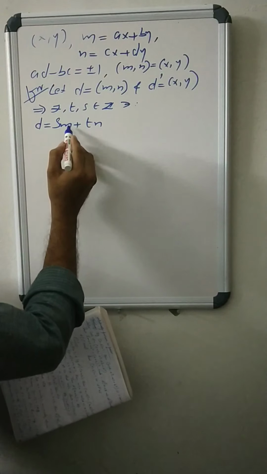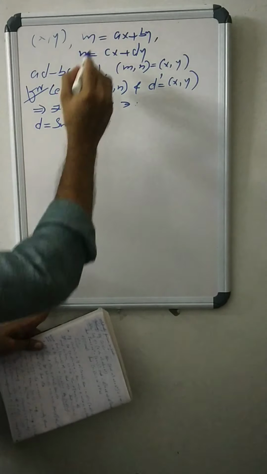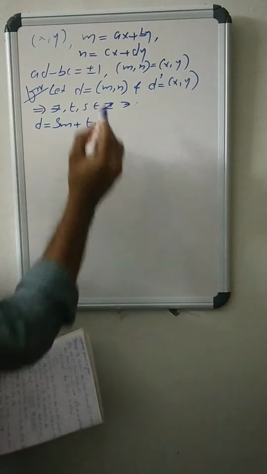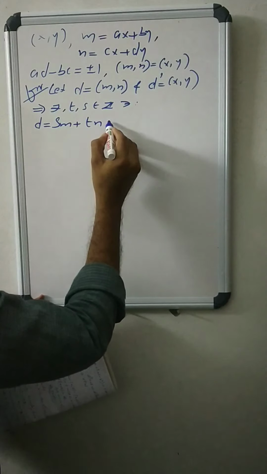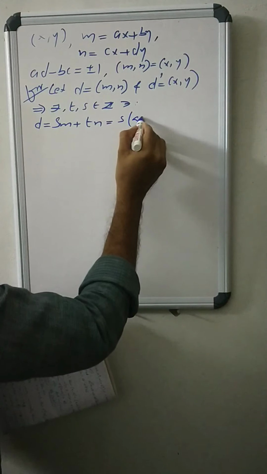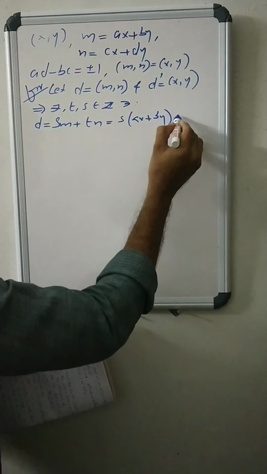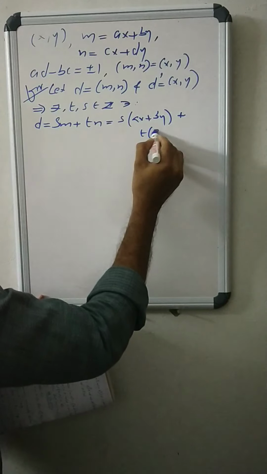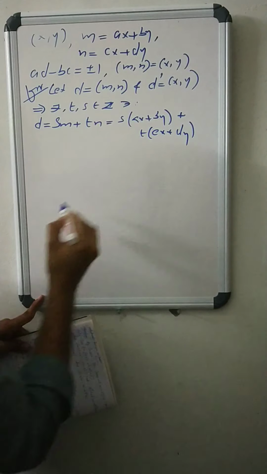But what is m? m equals ax plus by and n equals cx plus dy. So d equals sm plus tn means s into (ax plus by) plus t into (cx plus dy).